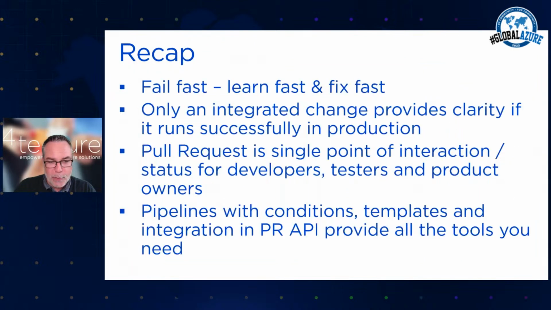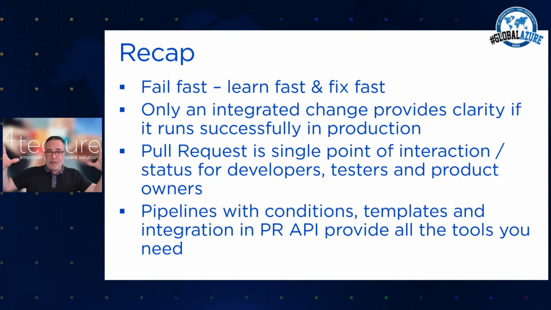So as a quick recap of my session, what we learned so far is fail fast: deploy it, fail immediately. You're in the same context, you can fix it fast. And then only if we integrate it, we have the clarity that it runs the same in production.